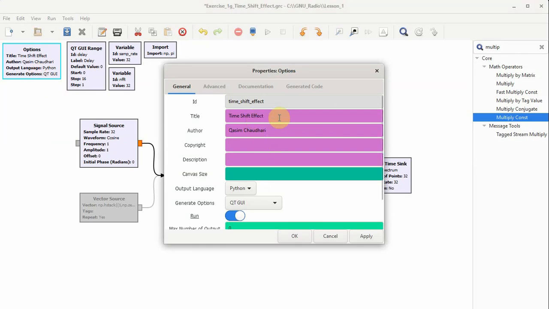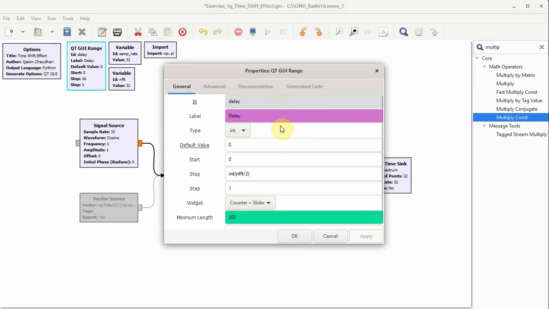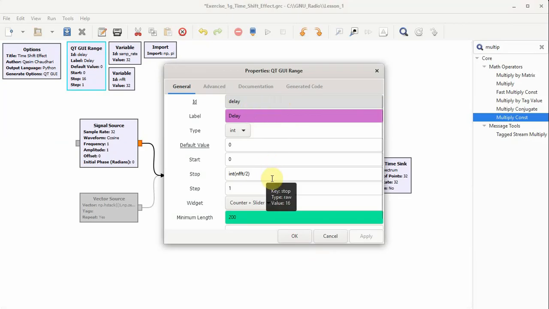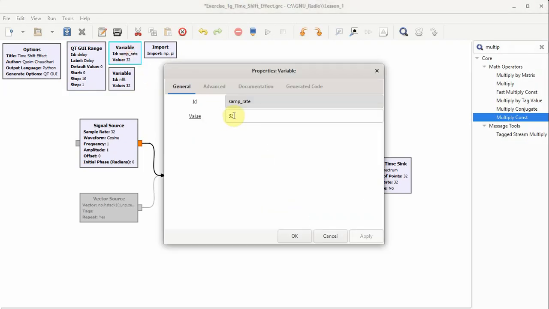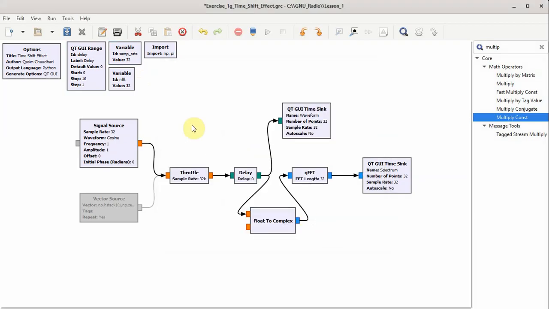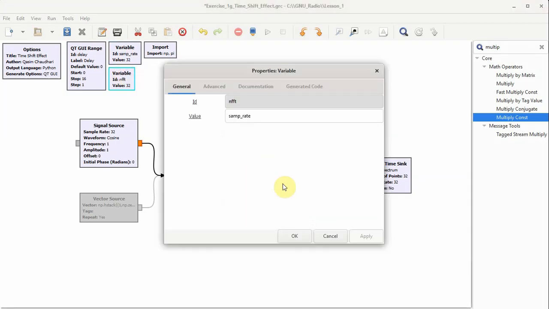The title is time shift effect and the corresponding ID is here, and we have made a slider with the ID delay, which is a delay in time domain. Remember that these boxes can be filled with Python statements. The sample rate is 32 so that we can see the exact stem plots, and the NFFT is again 32.